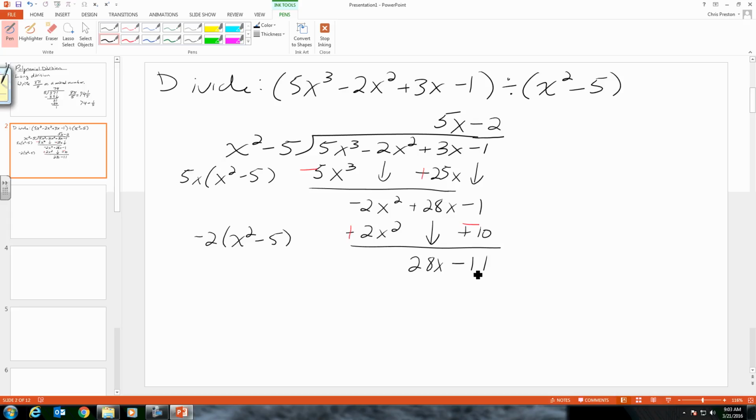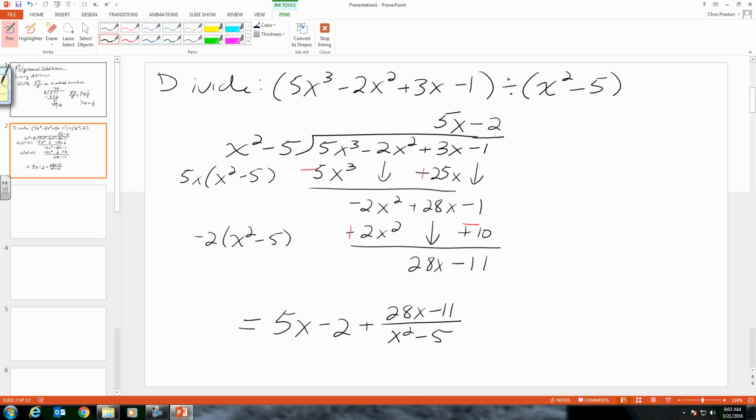This is the remainder. So our answer here, what we get is the quotient, 5x minus 2, plus the remainder, this 28x minus 11, divided by my divisor, x squared minus 5.